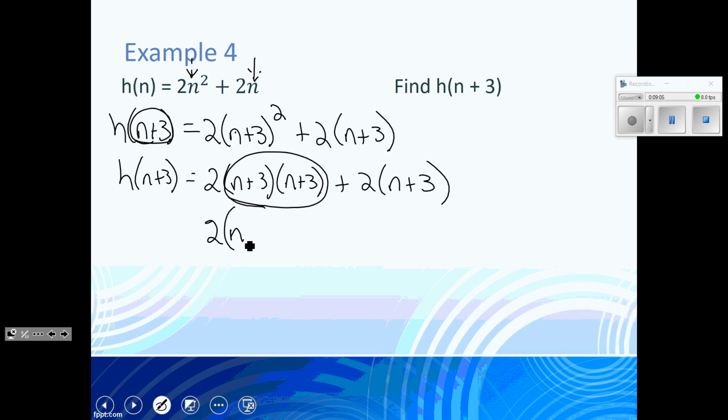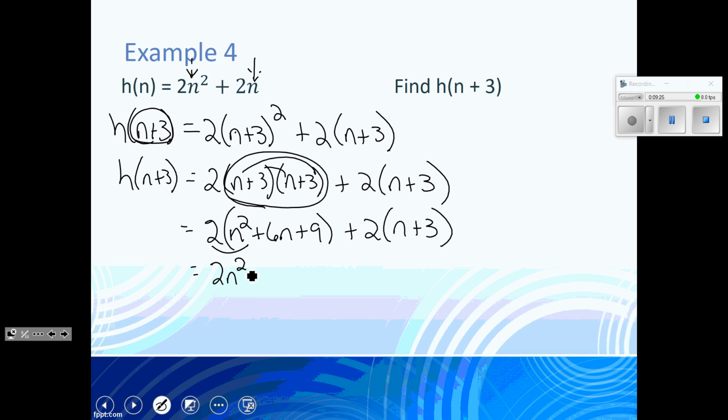So this will be n squared plus 3n plus 3n would be 6n plus 9. Now that I have an answer, I'm going to distribute the 2. So 2 times n would be 2n squared. 2 times 6 would be 12n. 2 times 9 would be 18.